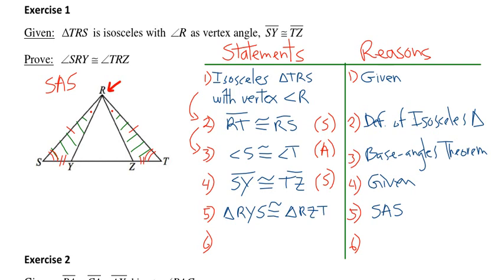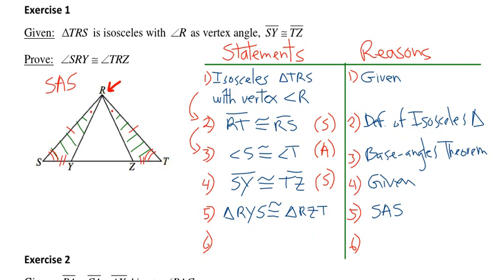And now that the two triangles are congruent, now I can say any parts are congruent. In this case, we're talking about angle SRY being congruent to angle TRZ.